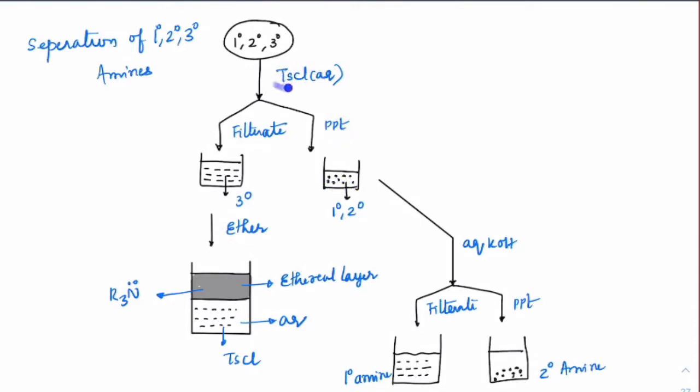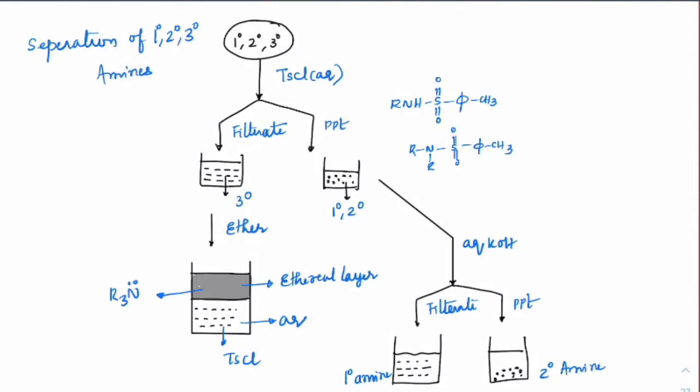Now if on reaction with tosyl chloride, a PPT is forming, definitely it has to be either 1 degree or 2 degree, correct? So what are the formations we will see? We can see RNH-S(=O)-toluene. This is the one which can form, or R2N-S(=O)-toluene.